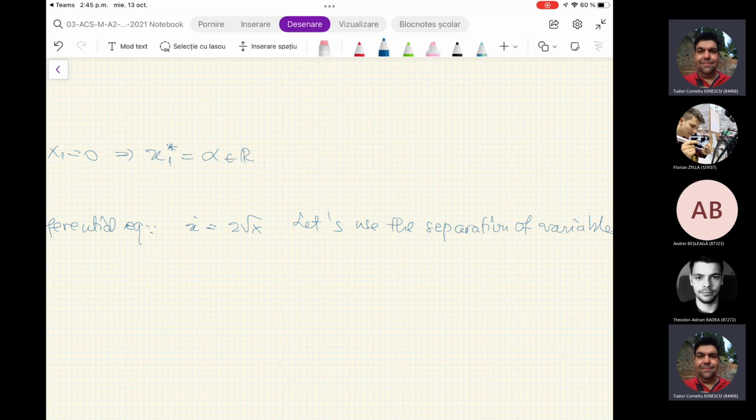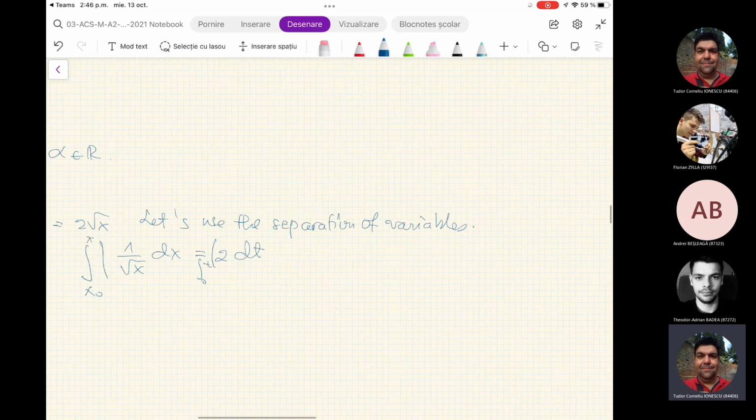So you have 1 over square root x dx equals 2 dt. This is the separation of variables. You separate the x variable from the t variable. And then you take the integration. On the left you integrate from x naught to x, and on the right you integrate from 0 to t.